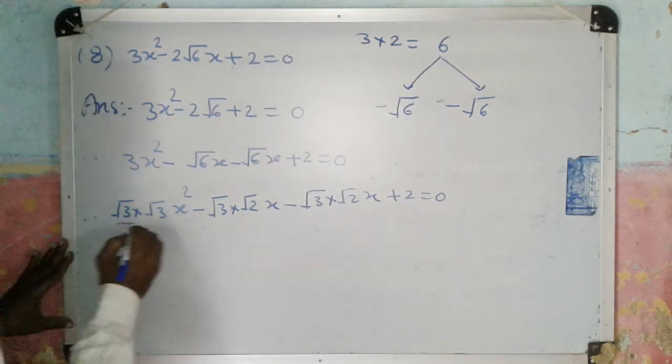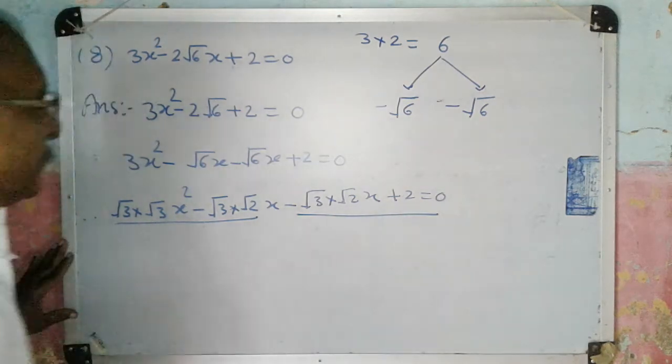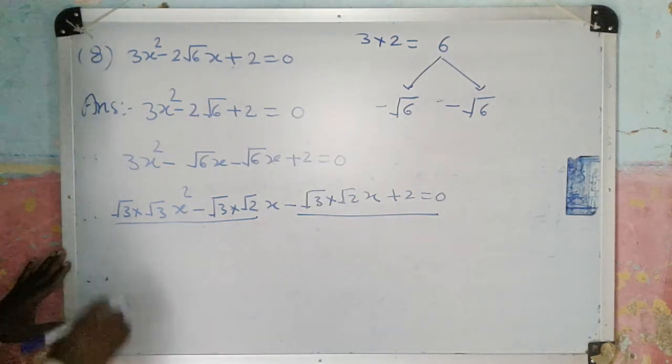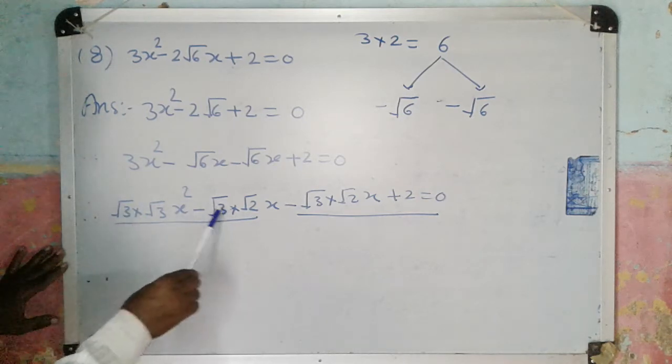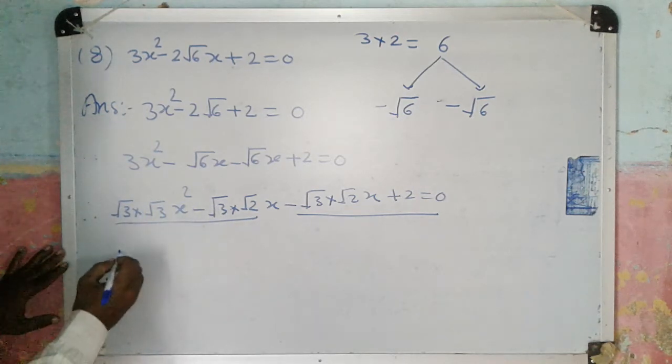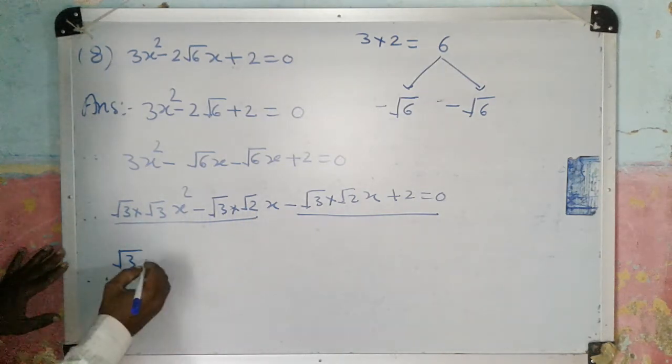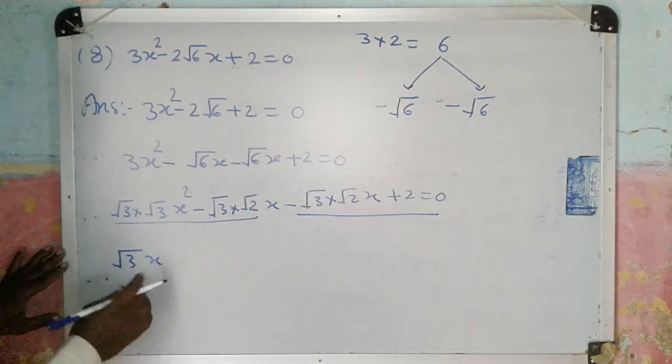Now see here, two groups are here. Now here in this first group, see here root 3 is common, correct, and also x is common. So here common is root 3.